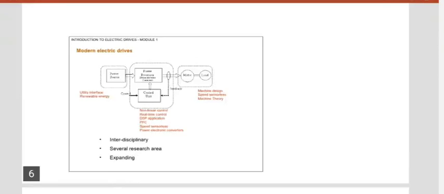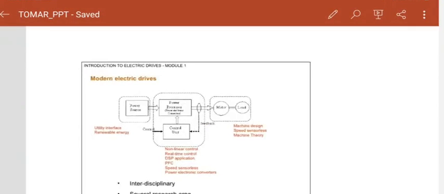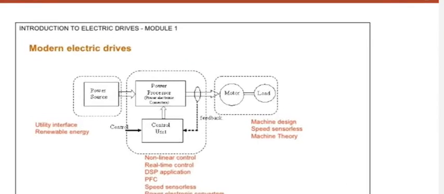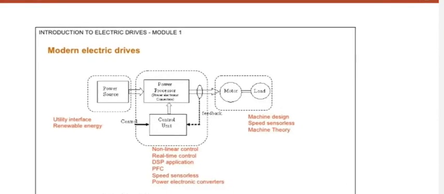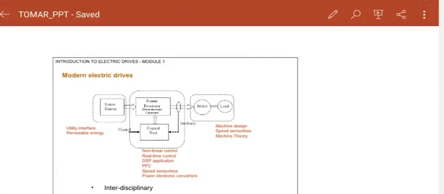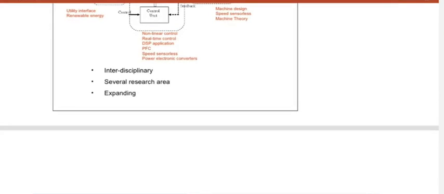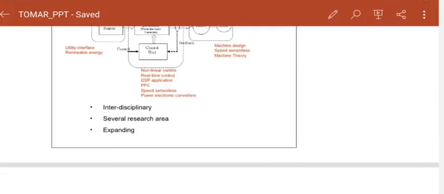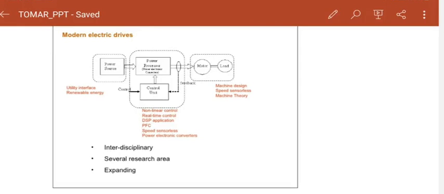This diagram has basically the same block diagram that we have seen in other PPTs. This research area requires people from mechanical engineering, from electrical engineering, from even control, even from computer science, because automation is there. Coding is a must to get all this done.